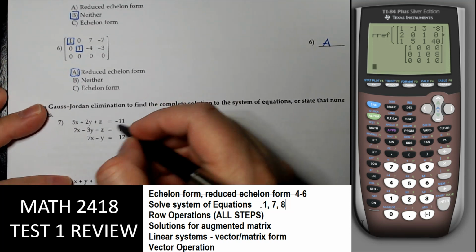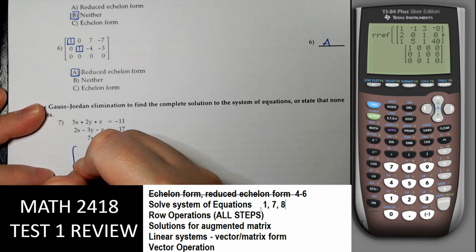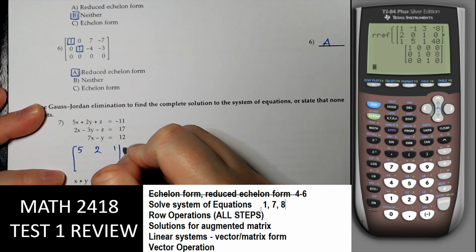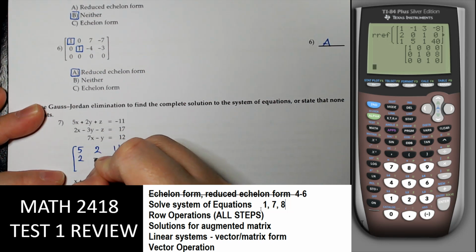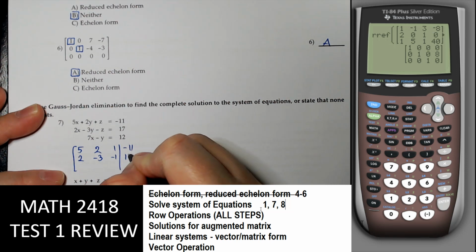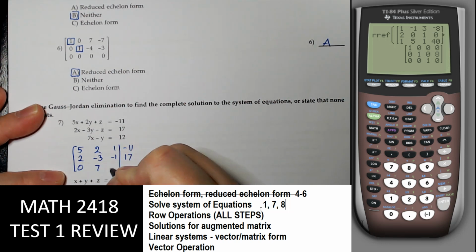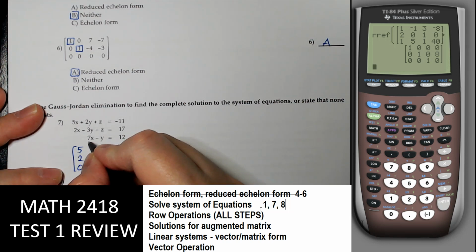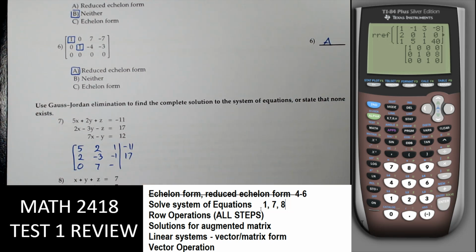So we will write this as the matrix 5 2 1 negative 11, 2 negative 3 negative 1 17, 0 7, wait, the 7 is actually for the x, so be careful with that.